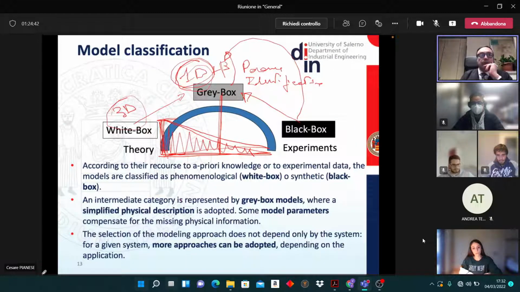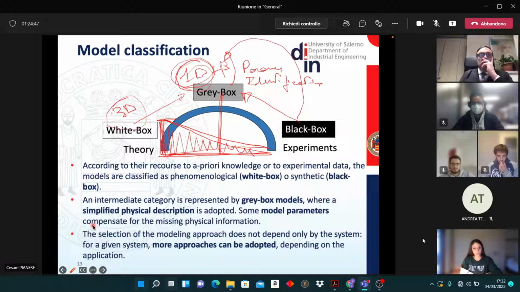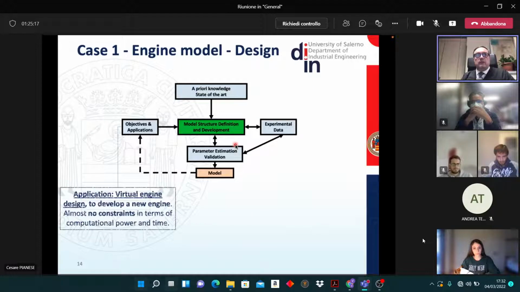So if we move ahead with this, let's try to analyze one model. Let's apply it to the case of an internal combustion engine, for example. The design of an internal combustion engine. You may remember some of the main concepts. You know what an engine is, okay? Then this is the structure, the structure we explained before.